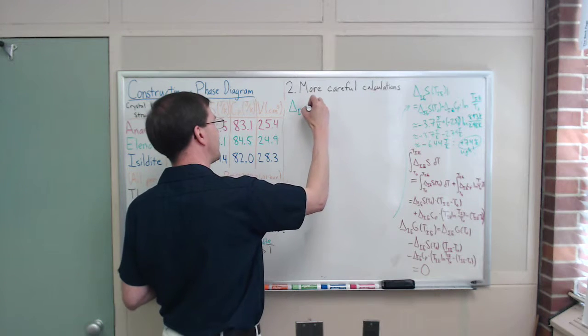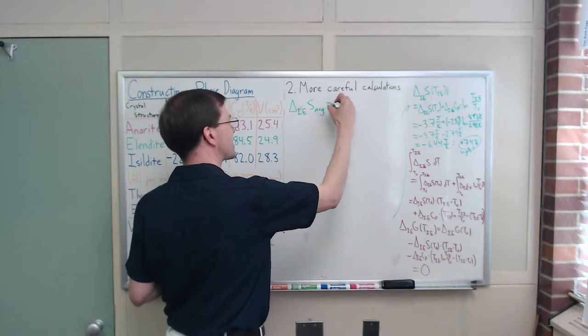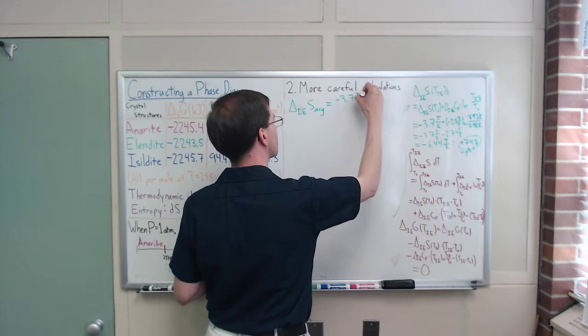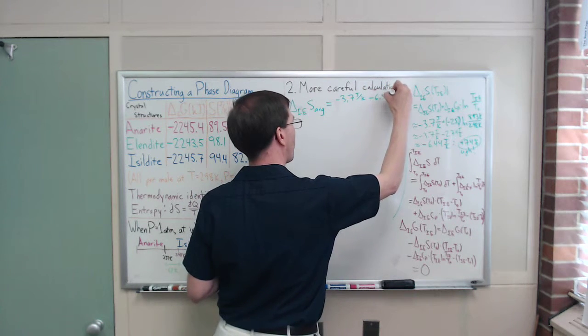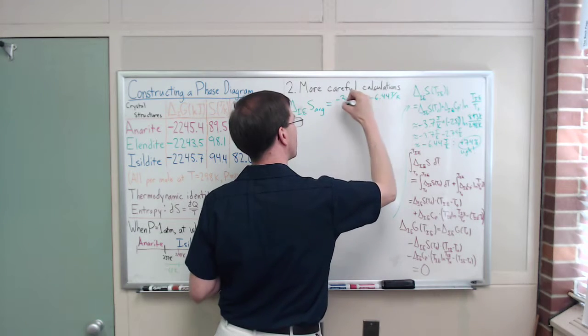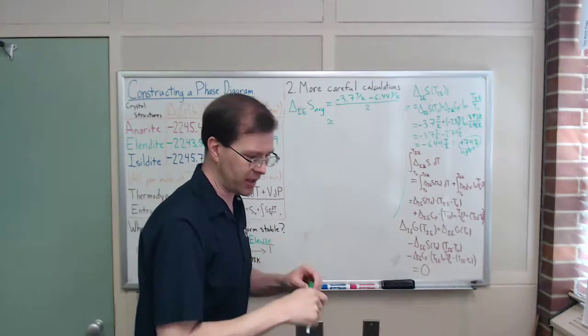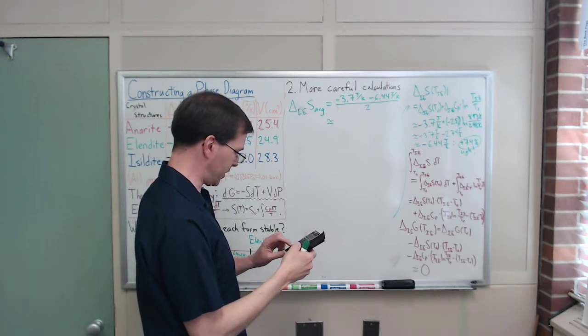Delta S average. So that's going to be negative 3.7 joules per Kelvin minus 6.44 joules per Kelvin, over 2. And what's that give me?